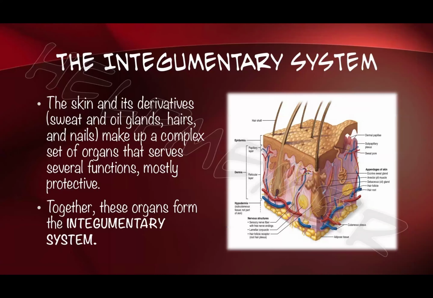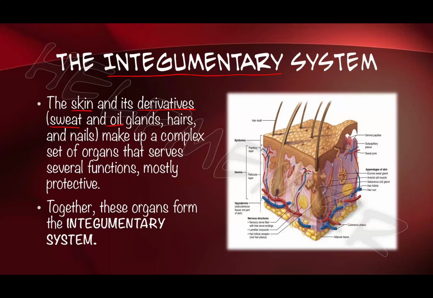So we start off definition wise. When we say the integumentary system or the integument, sometimes you'll just see it as the integument. That's the skin and basically all of its derivatives. What does that mean?